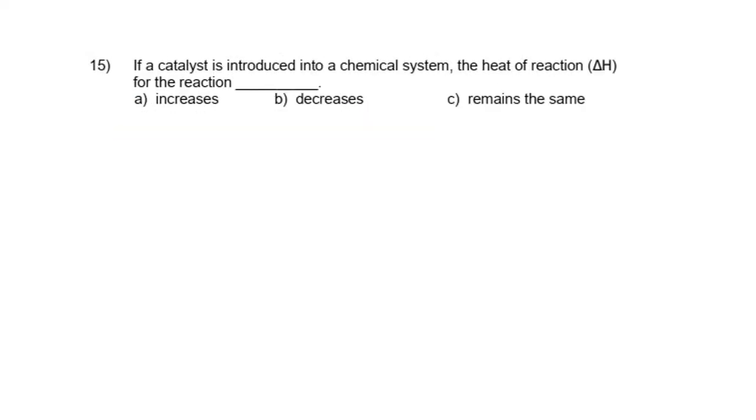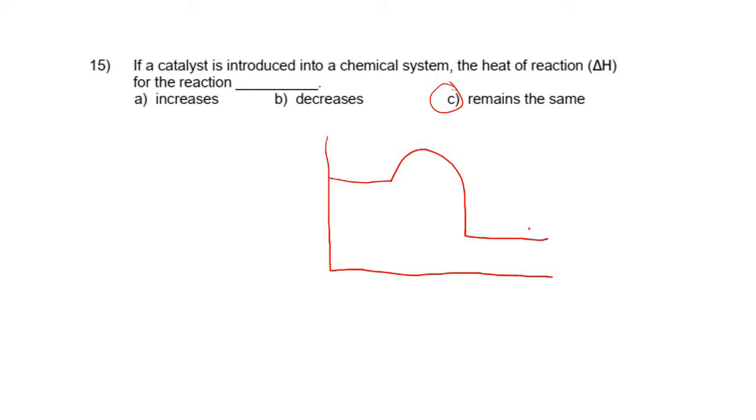Next up, number 15. If a catalyst is introduced into a system, the heat of the reaction is going to do what? The answer is C, remains the same, but think about why. All right, here's a PE diagram. So remember what a catalyst does.